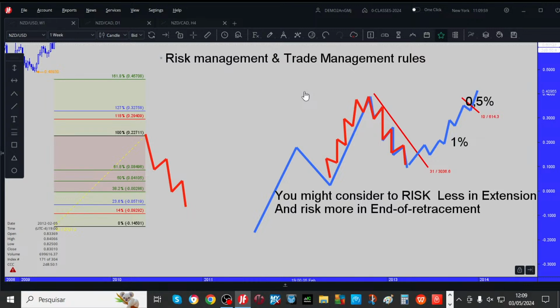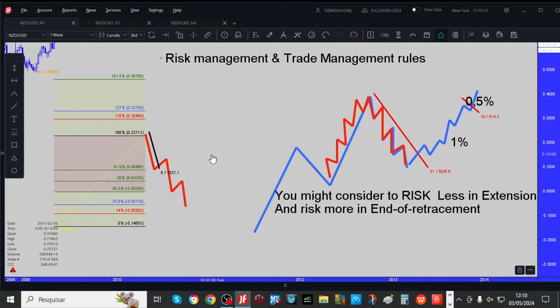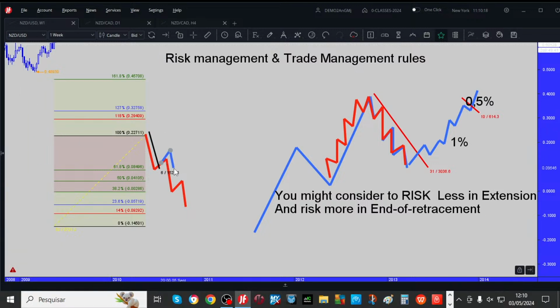This is risk management. And the same goes as per the Fibonacci's. Let's say that you have a counter trend line break in here, but then the market went up, but then it went into a deeper retracement.